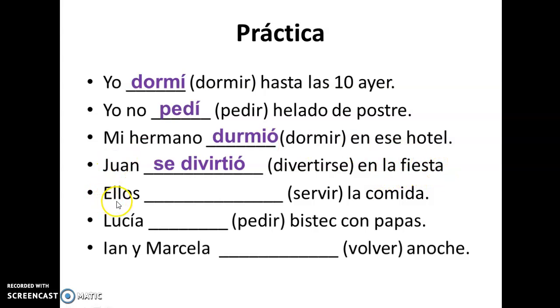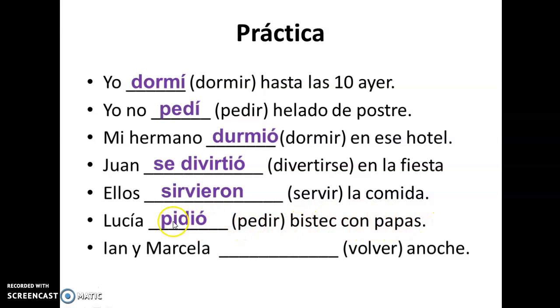Ellos also suffers a change because in this case, ellos is a third person plural, and so the change is going to happen here. Servir, to serve. So ellos sirvieron la comida. They served the food. It changes from here, that one, into i. Lucia is another third person singular, so this one is going to change again into i. Pidió. Lucia ordered steak with potatoes.